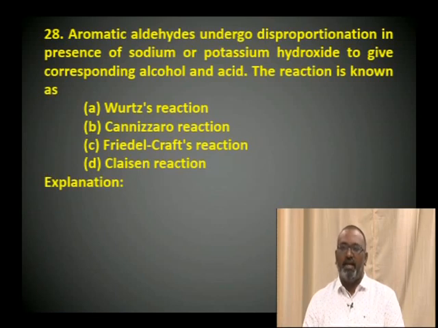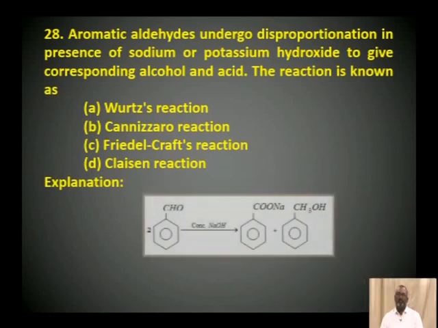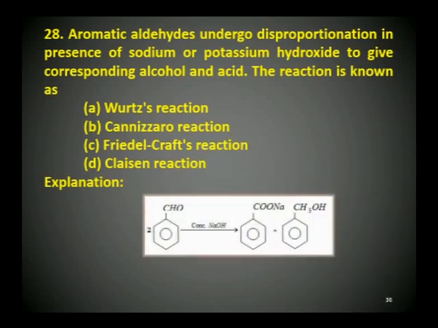Such reactions in which oxidation and reduction take place in the same compound are called disproportionation reactions. Such a reaction is called the Cannizzaro reaction. You can see the reaction here. When two molecules of benzaldehyde are treated with concentrated sodium hydroxide, sodium benzoate and benzyl alcohol are produced.